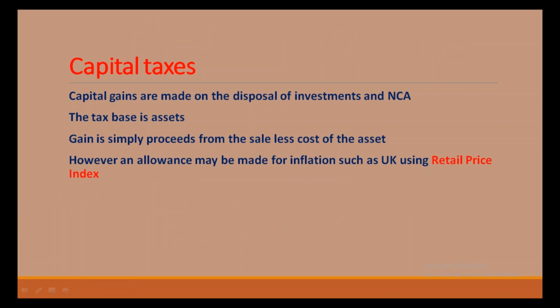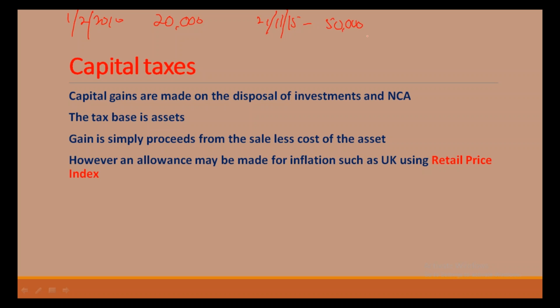So here a company has bought an asset on 1st of February 2010. They bought an asset which was worth 20,000. That was the time when the asset was bought, and they sold it on 21/11/16, or 21/11/15, let's say. They sold it for 50,000.